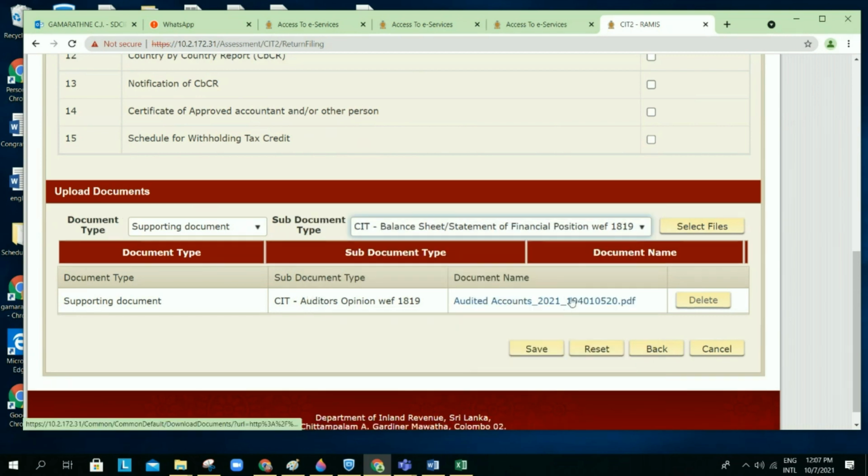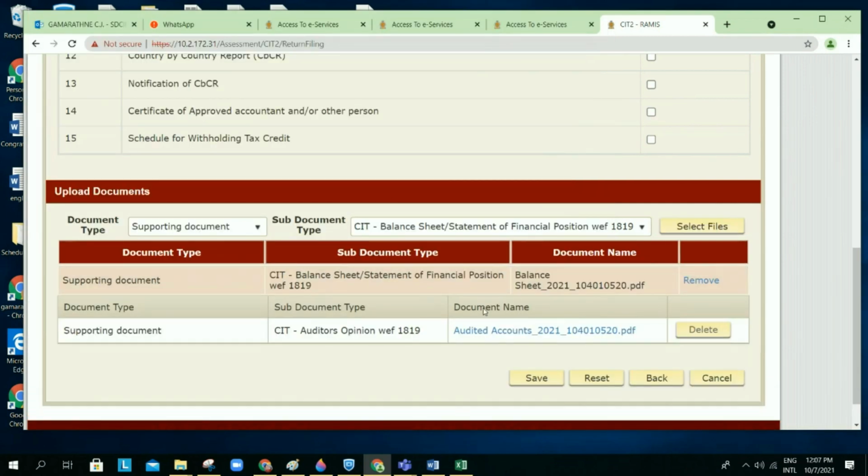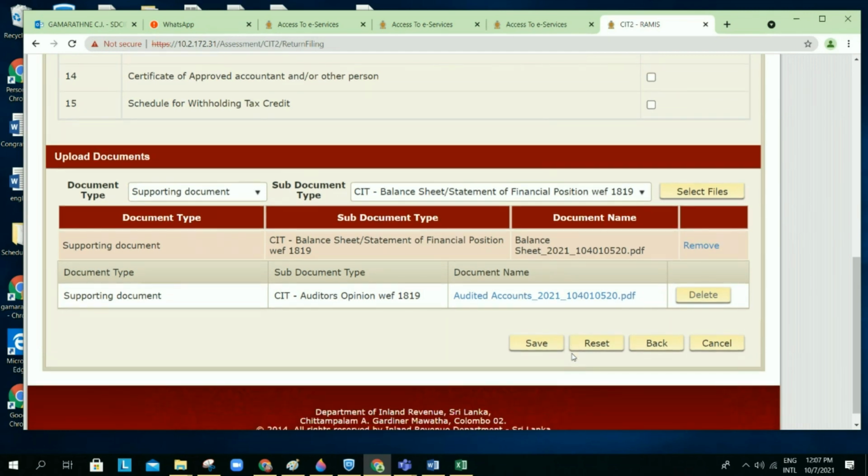I will select the balance sheet, go to select file and try to upload the document. Then you can see that it comes here. Then when I save, it has been properly saved into the UI.